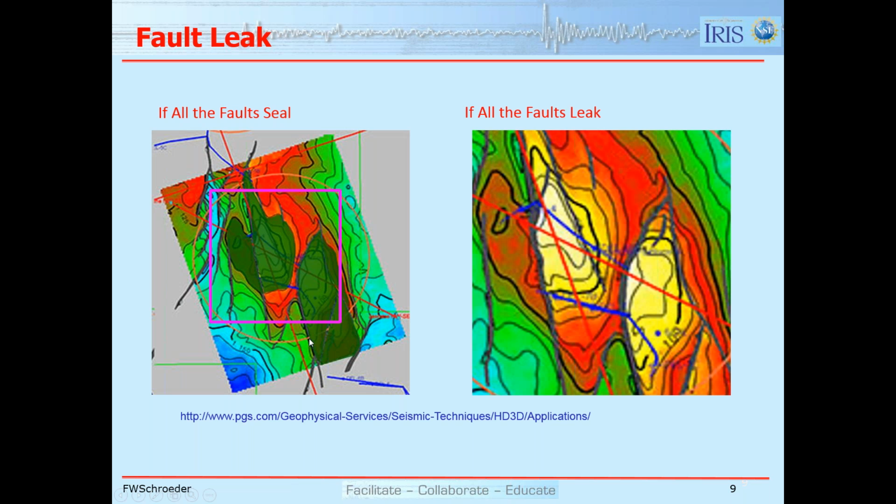If, however, I'll zoom in where the magenta box is, if the faults leak, then we have to look for closing contours within each fault block, and we can see that the eastern compartment, the central compartment, and the western compartment have much less volume of oil than in the case if all the faults are sealing.